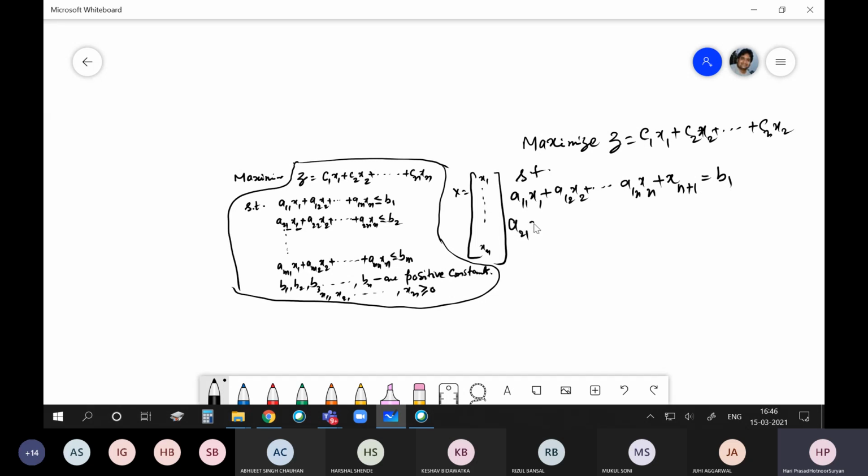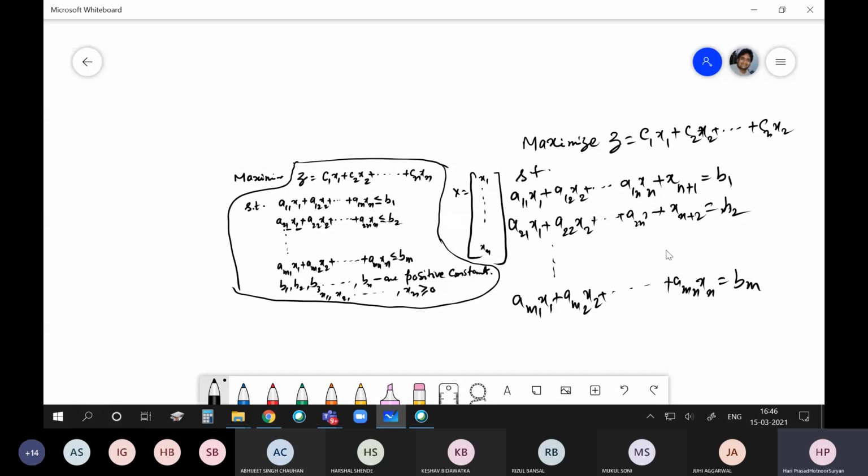Similarly, a21 x1 plus a22 x2 plus a2n xn plus xn plus 2 is equal to b2, like this, up to am1 x1 plus am2 x2 plus amn xn plus xn plus m is equal to bm.